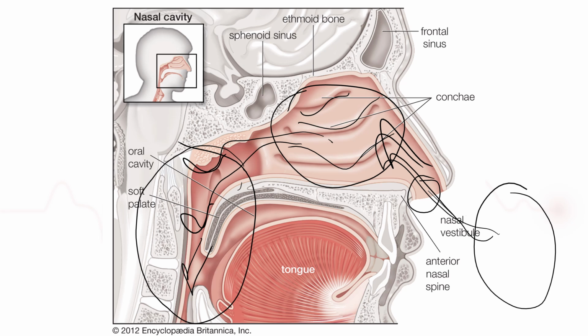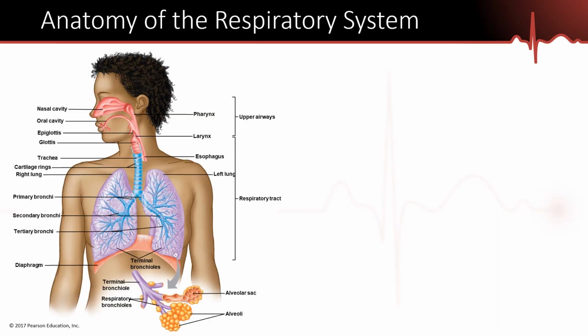And then where does the air go from the pharynx, or the upper part of the throat? Here we go, right? There's the air moving from the atmosphere through the nares into the nasal cavity, into the pharynx, and then the air would technically have two different options.